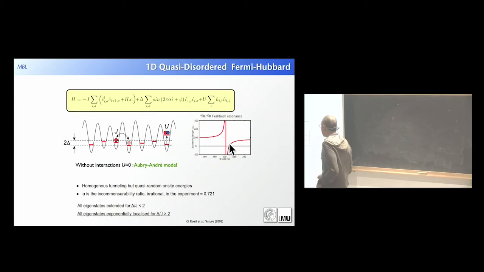Okay. So we have this Aubry-André model, and for u equals 0, we know a lot about this model. We know that all eigenstates are extended for delta over J smaller than 2, where J would be the kinetic energy of your particle, and all eigenstates are exponentially localized for delta over J larger than 2.